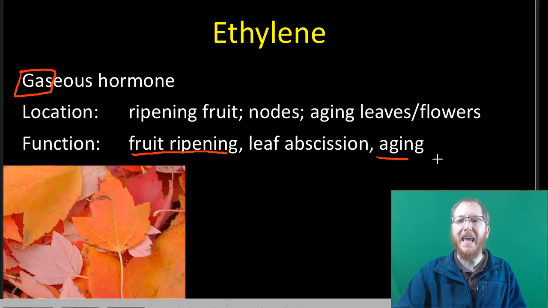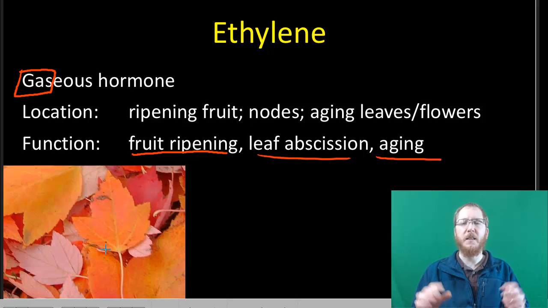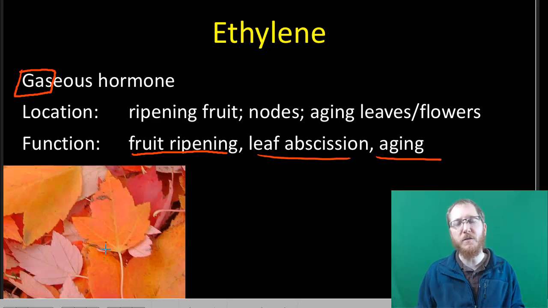It also plays a role in aging and leaf abscission, which is where in the fall you see the leaves start to wear away as they age, things are getting rough. It's no longer beneficial to start cranking out new leaves to replace these older leaves that are in some cases damaged. In some cases they're just not worth it.